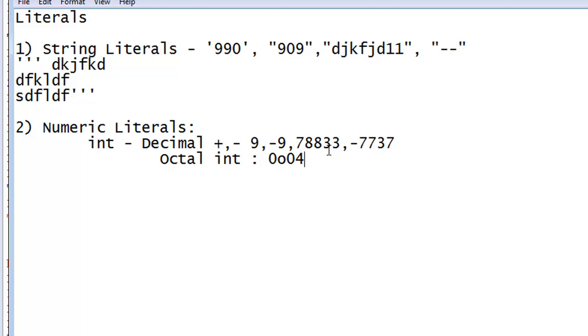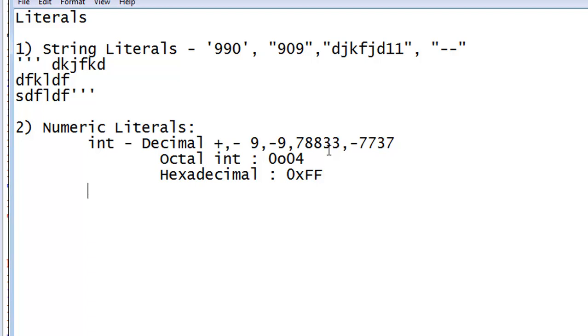And then we have hexadecimal values, which you write starting with 0x and then specify ff or cc or anything like that. They can contain digits from 0 to 9 and characters a to f, right?